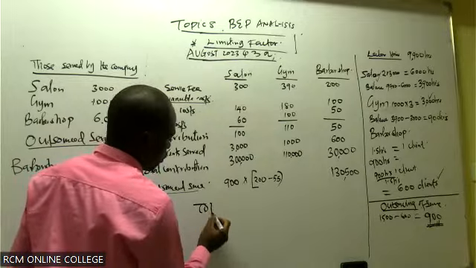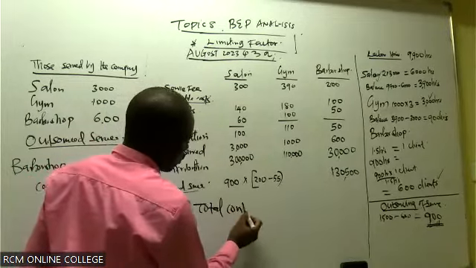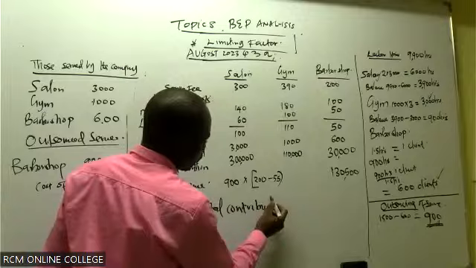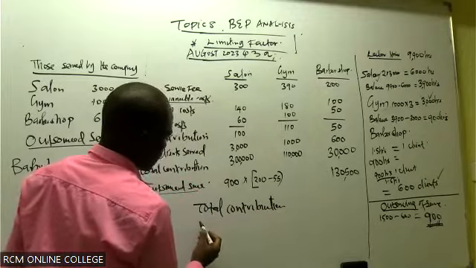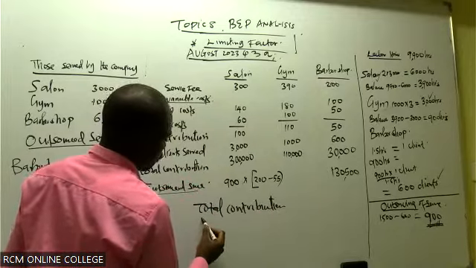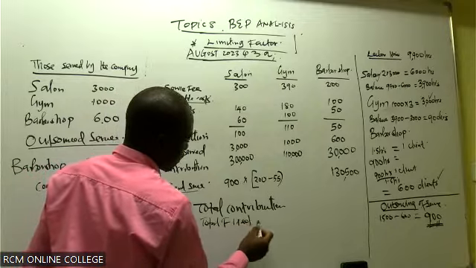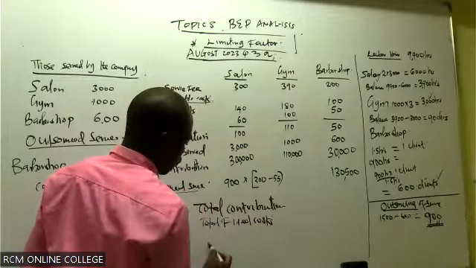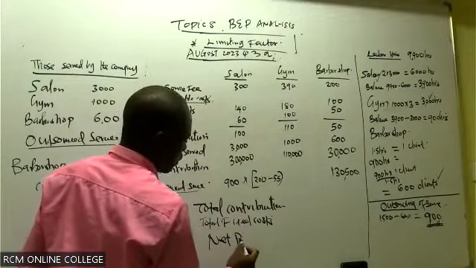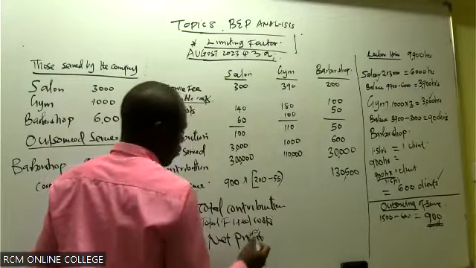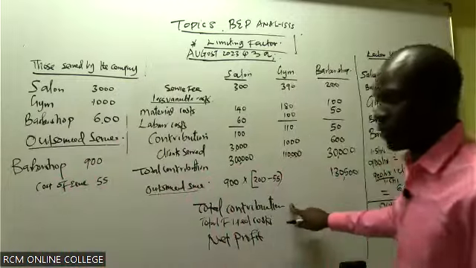Total contribution less total fixed costs for you to be able to give us net profit. So give us the total contribution.